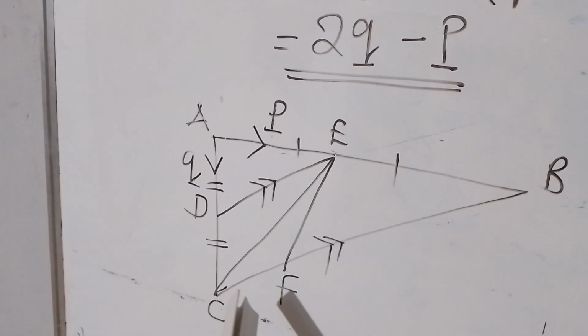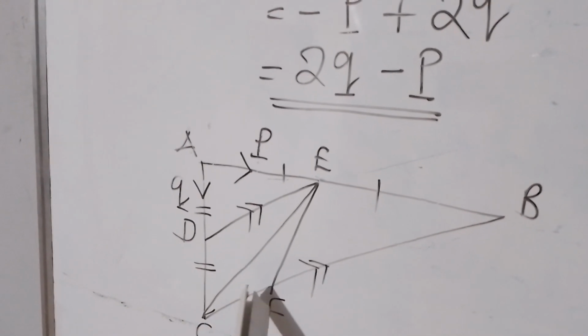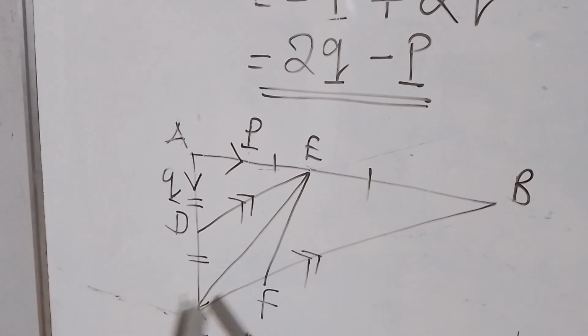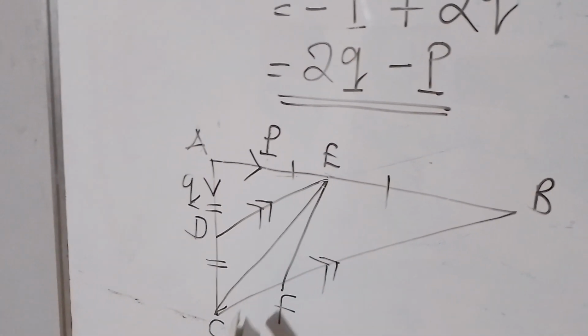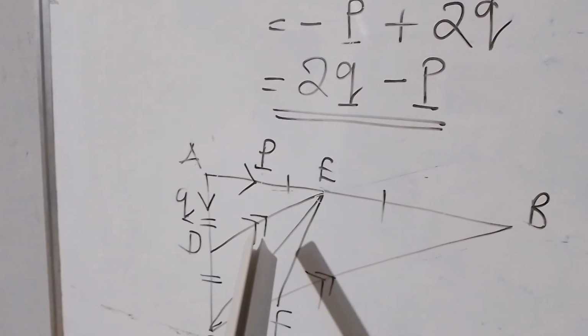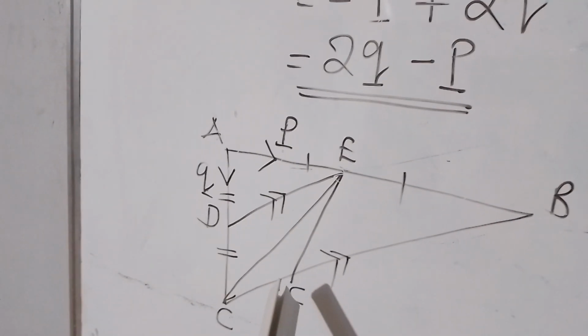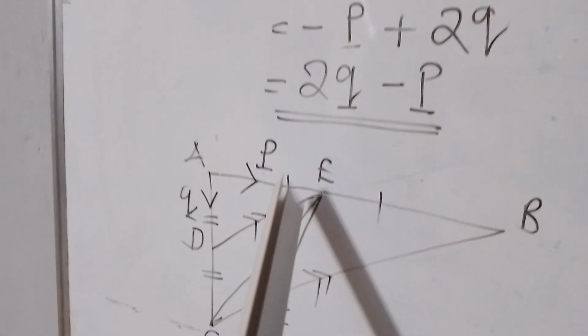And where is our F? F is here. So how can I move? Here there are options whereby we can move from F to C, then from C to E. Or we can move from F to B, then from B to C. But the bottom line is that where we are starting from is F, and we are ending on what? E.